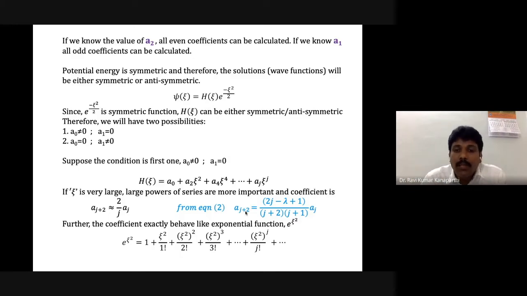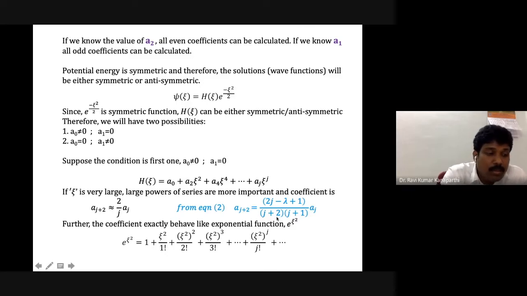Therefore under that condition, in the recursion relation you can omit lambda, you can also omit 1, and that 1 and 2 you can just omit, because we are looking at larger values, at a larger displacement. Therefore it is going to be approximately this relation.